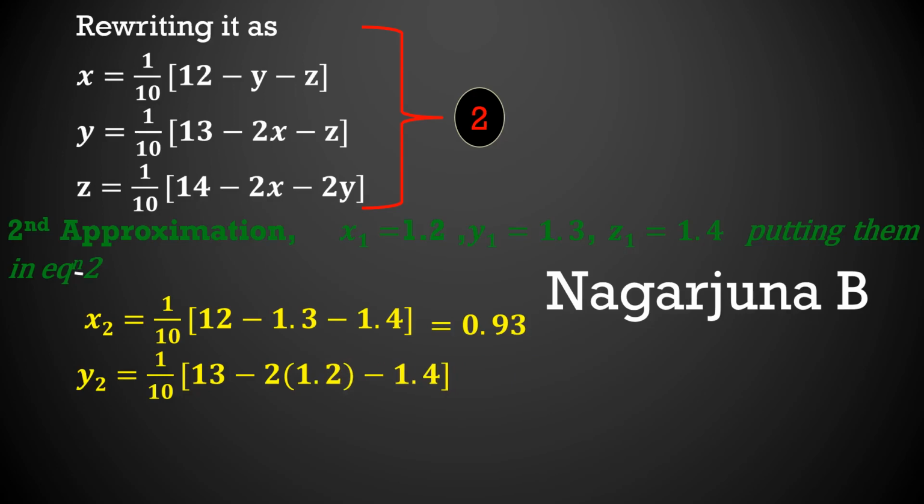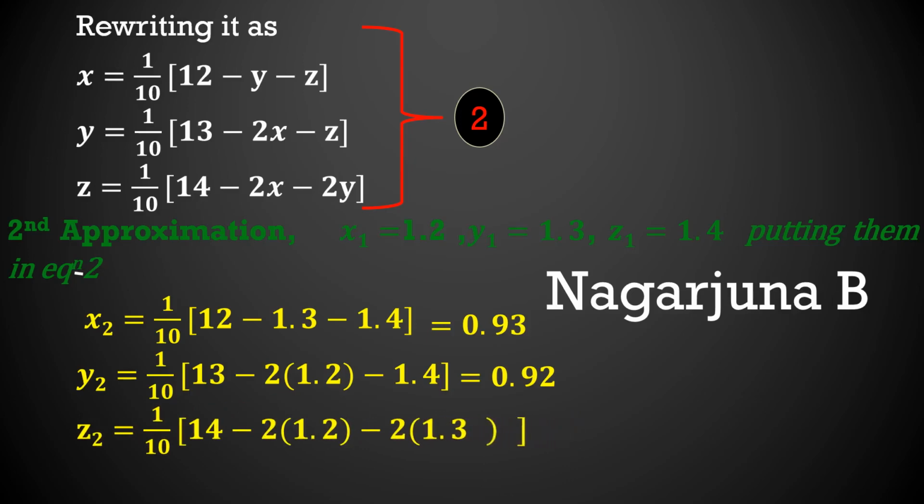In the calculator, to calculate this one you can write, open the bracket, 13 minus 2 within the bracket 1.2 minus 1.4, close the bracket, divided by 10 and it will give the answer, and that answer is 0.92.